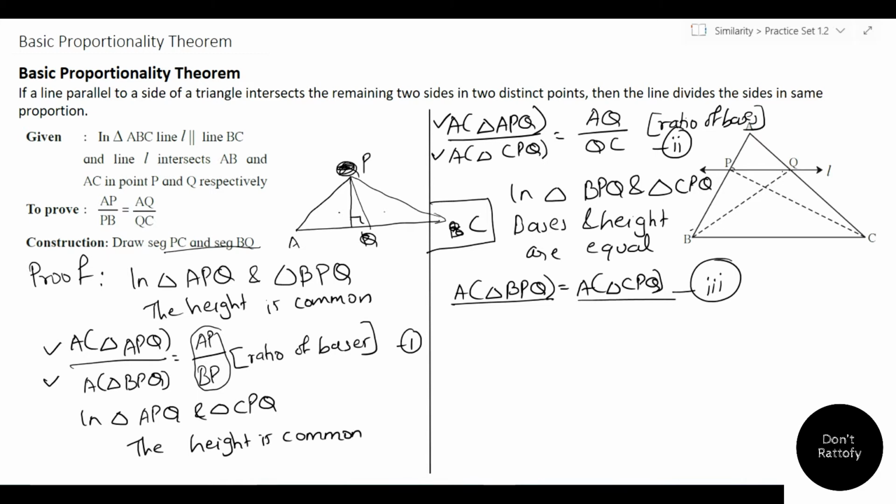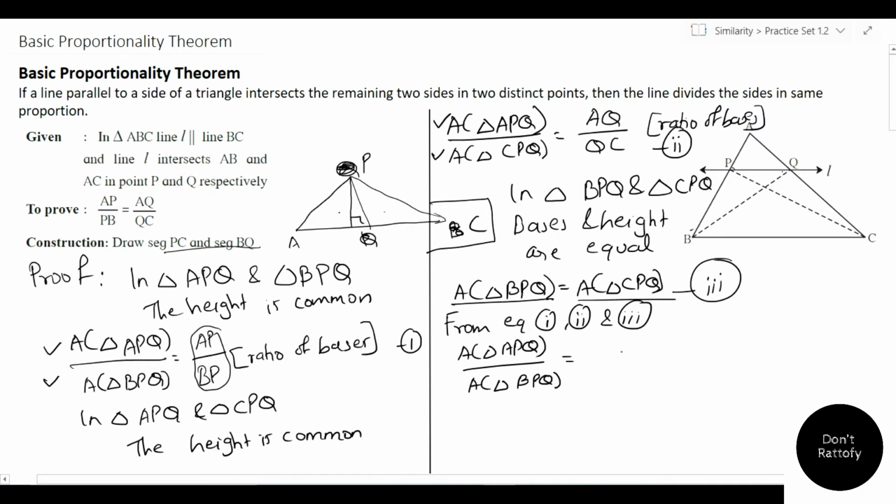So from equation 1, 2 and 3, we can say that area of triangle APQ upon area of triangle BPQ is equal to area of triangle APQ upon area of triangle CPQ.